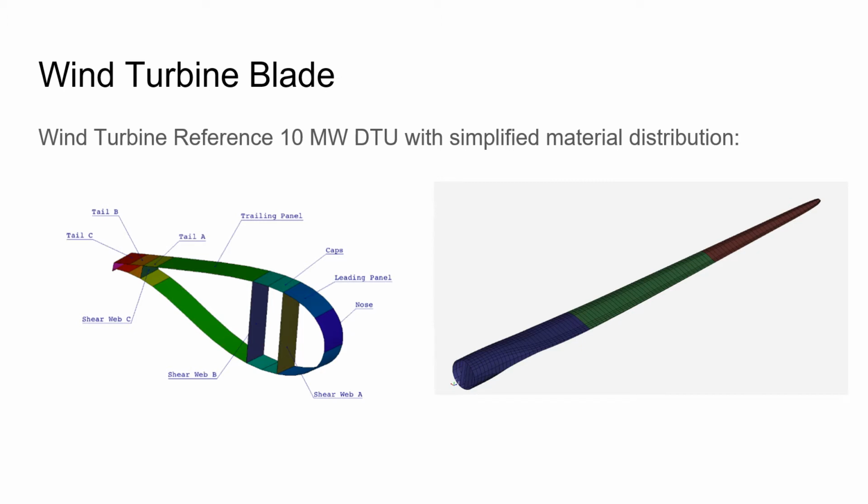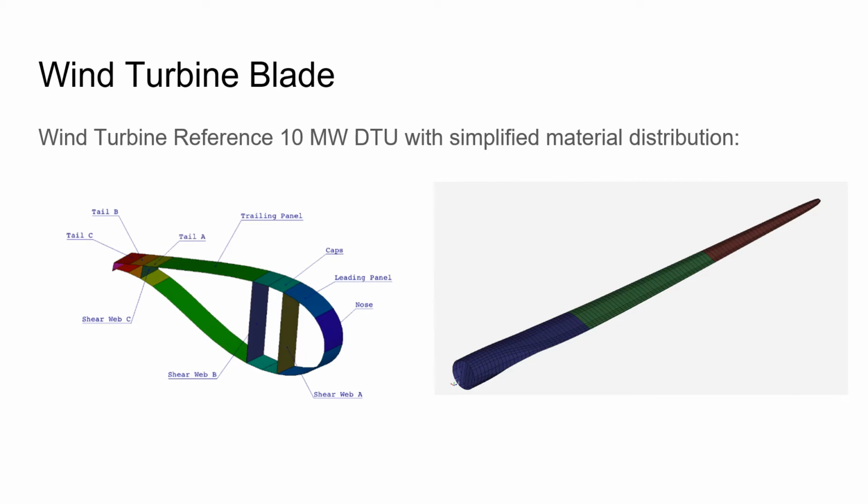The wind turbine blade used as reference is the 10 megawatts from the Technical University of Denmark, but with a simplified composite material distribution. In the cross-section, all shear webs have the same material distribution. Leading panel and nose are regrouped into one main region, and caps, trailing panel, and tails are also regrouped in another main region, having only 3 regions in the cross-section for the material distribution.